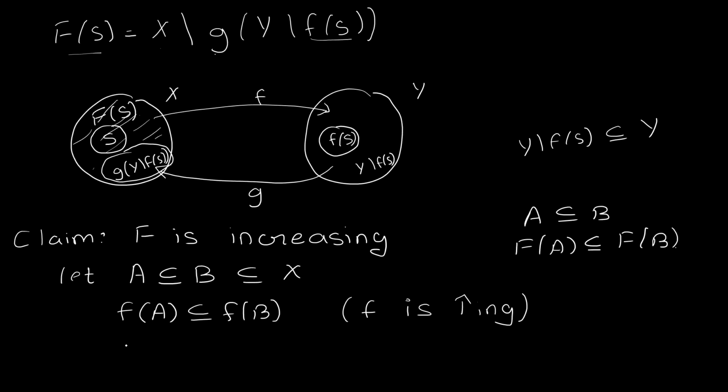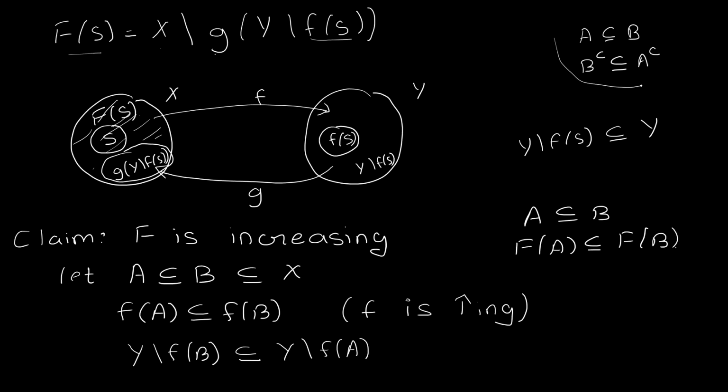Since this is the case, Y minus f of B is a subset of Y minus f of A. Why? Because if A is a subset of B, then B complement is a subset of A complement. This is from the set theory part. So Y minus f of B is basically the complement of f of B.